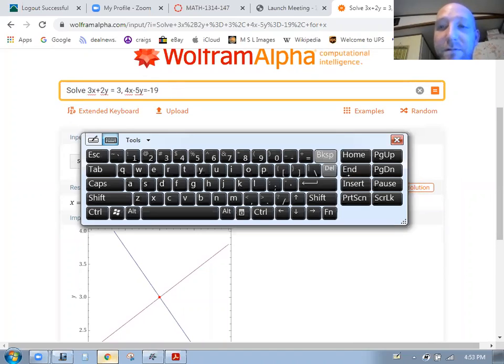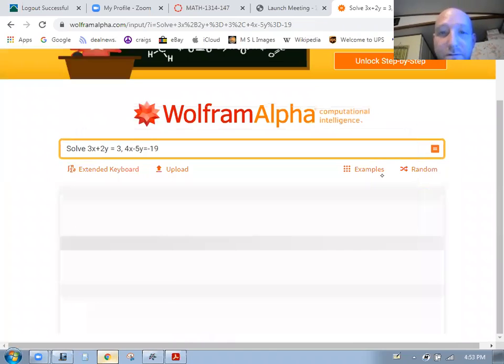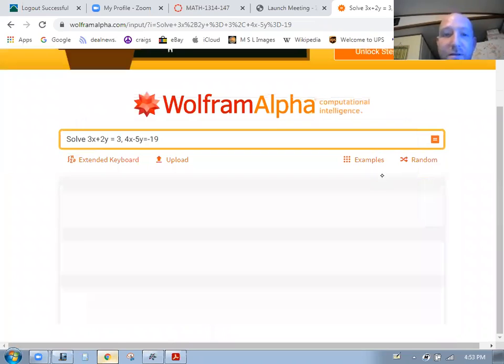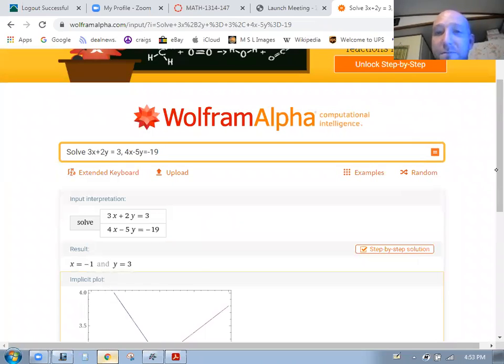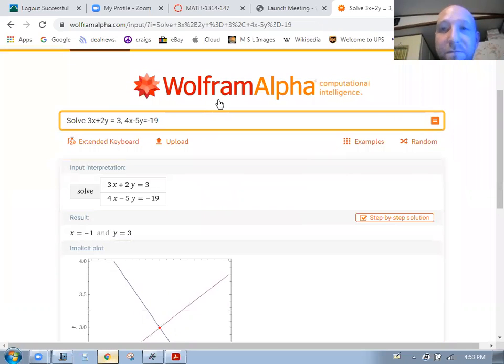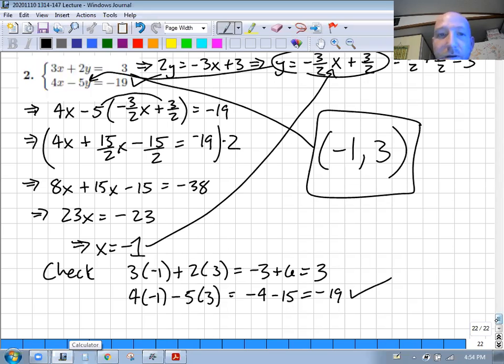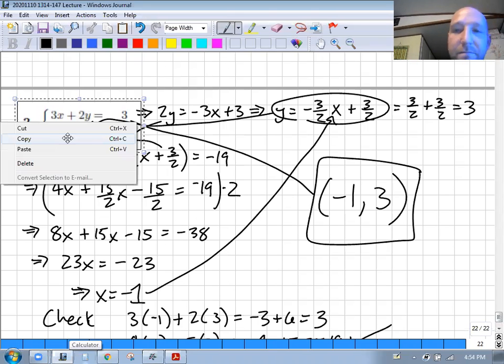What if I just said solve? There we go. Still gives me the answers. So Wolfram Alpha here will be very useful for you for checking your work. Okay, what about the elimination method?